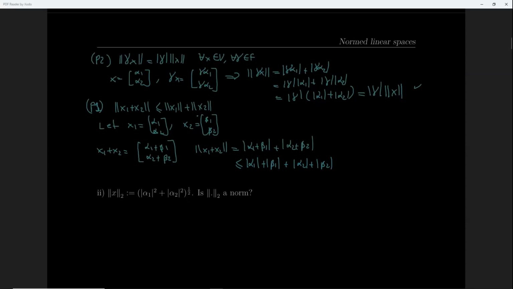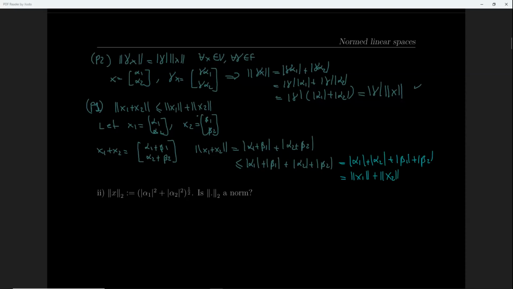And notice that this is simply equal to absolute value of alpha 1 plus absolute value of alpha 2 plus absolute value of beta 1 plus absolute value of beta 2, which is basically norm of x1 plus norm of x2.